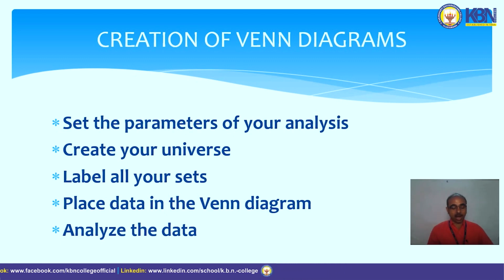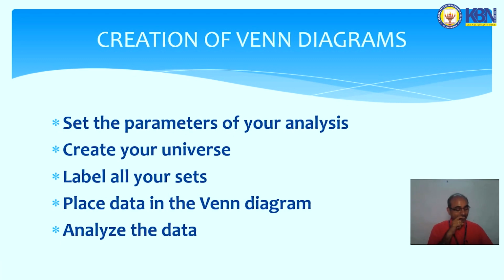Next, determine how many concepts or sets of ideas. I have already shown you two diagrams. In one diagram there are only A and B, in the other there are A, B and C. Then determine the type of Venn diagram to make by establishing how you want to show each set's relationship with each other, how much they intersect with each other, like that.